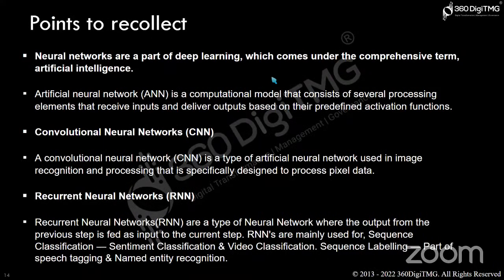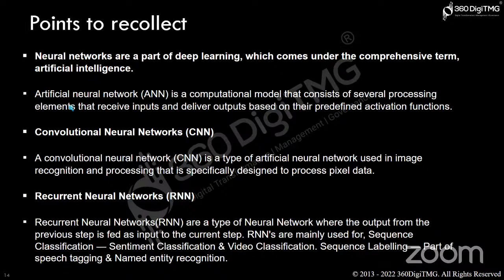Now some points which we need to remember. Neural networks are a part of deep learning, and they ultimately come under artificial intelligence.